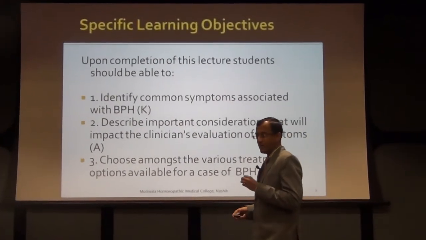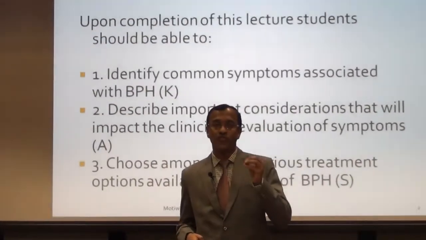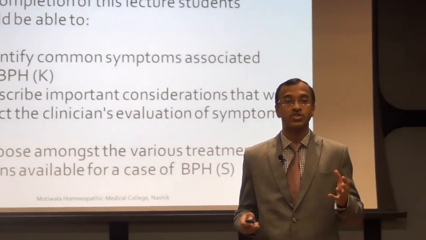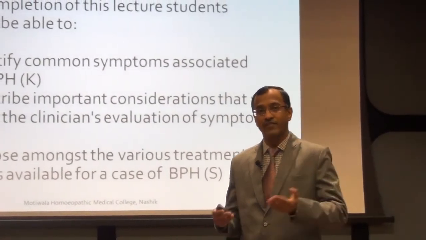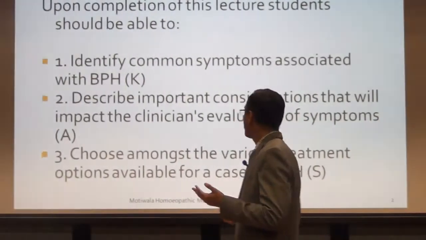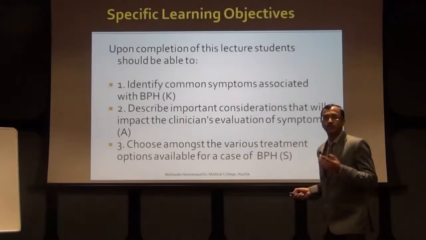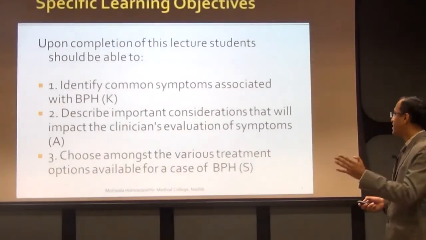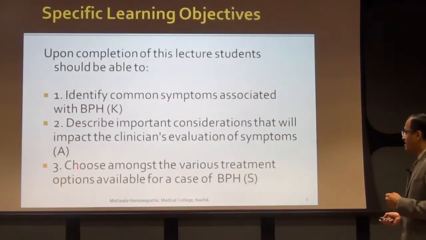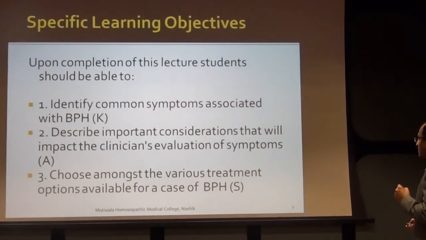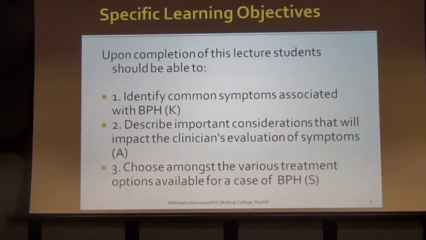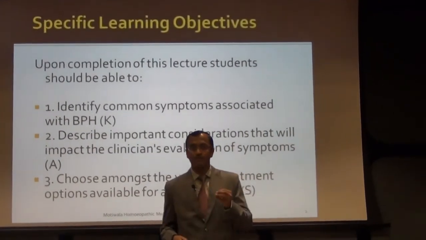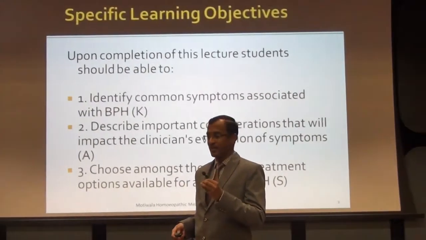Most of the time, along with this condition, you have to differentiate many other conditions having urinary difficulties. So definitely, the evaluation of the symptoms should help to diagnose benign prostatic hypertrophy. And the last is, amongst the various treatment options available, there are various options in the management of benign prostatic hypertrophy.